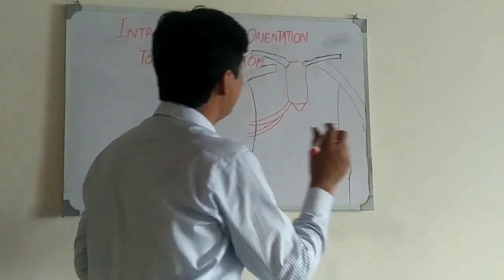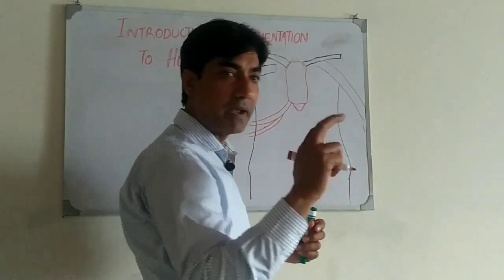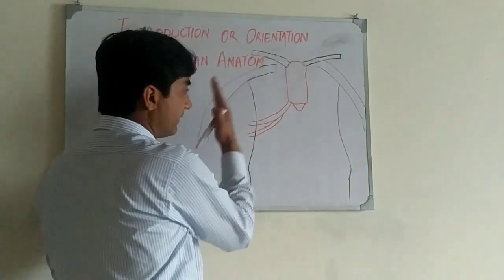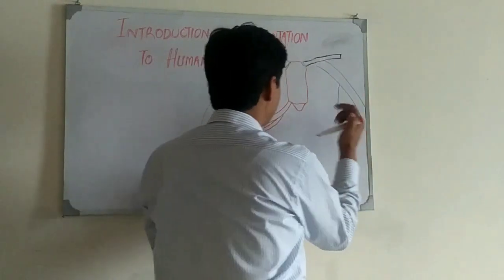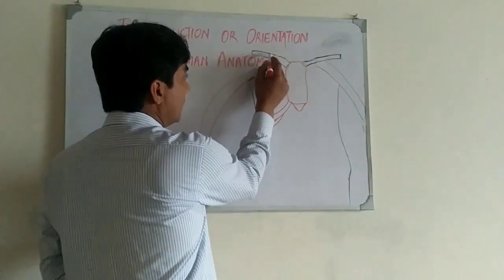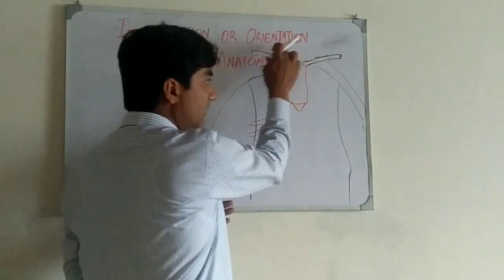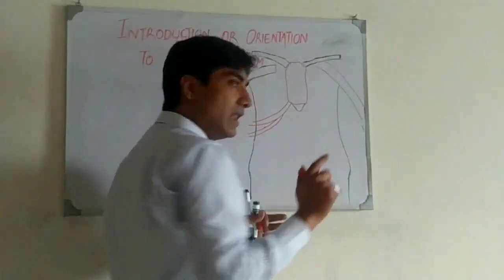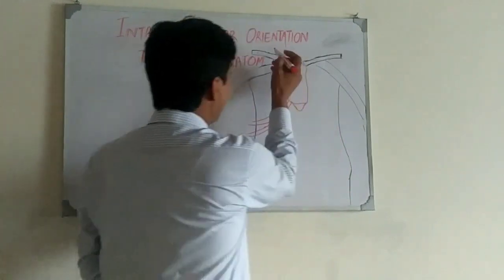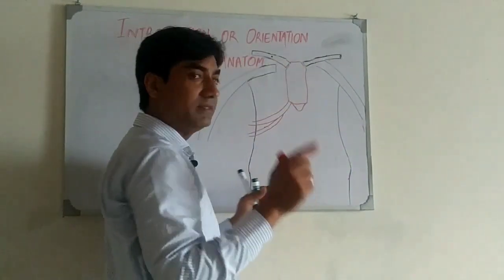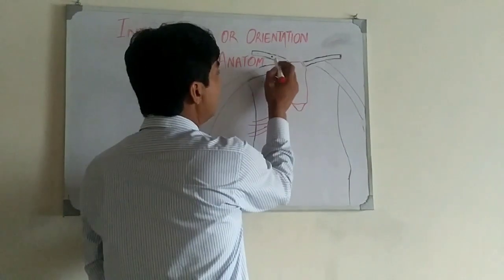But first we will draw the two perpendicular lines, one at the right side and one at the left side. Here is the clavicle bone. This is the right clavicle. This is the left clavicle. One line is drawn at the mid of the clavicle, and this line is called the mid clavicular line.